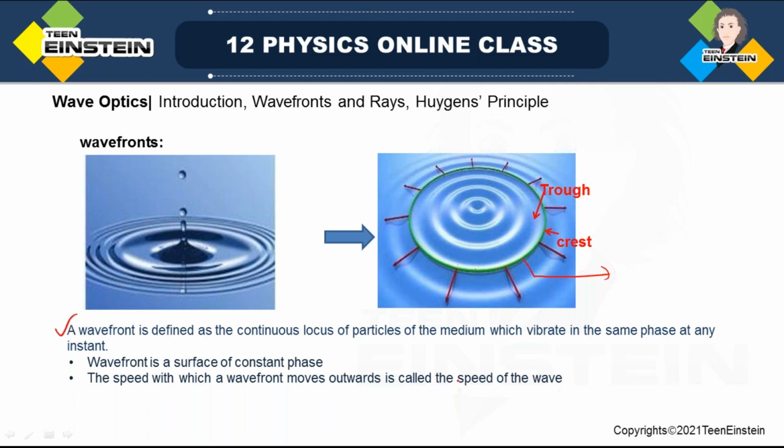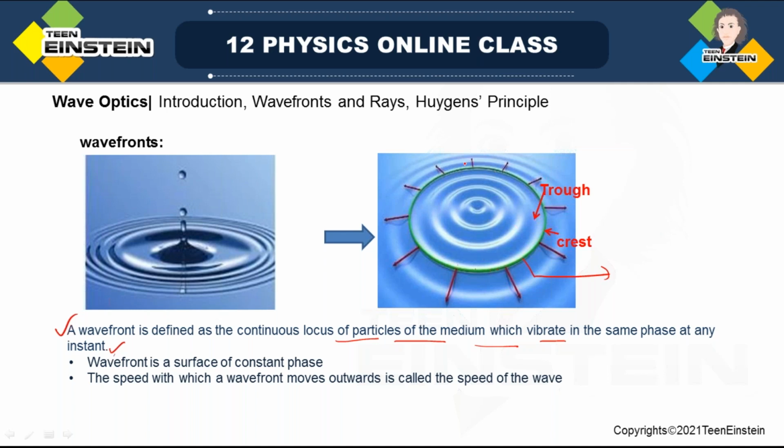So here is the formal definition. A wavefront is defined as the continuous locus of particles of the medium which vibrate in the same phase at any instant. At any instant, all these particles are vibrating in phase.